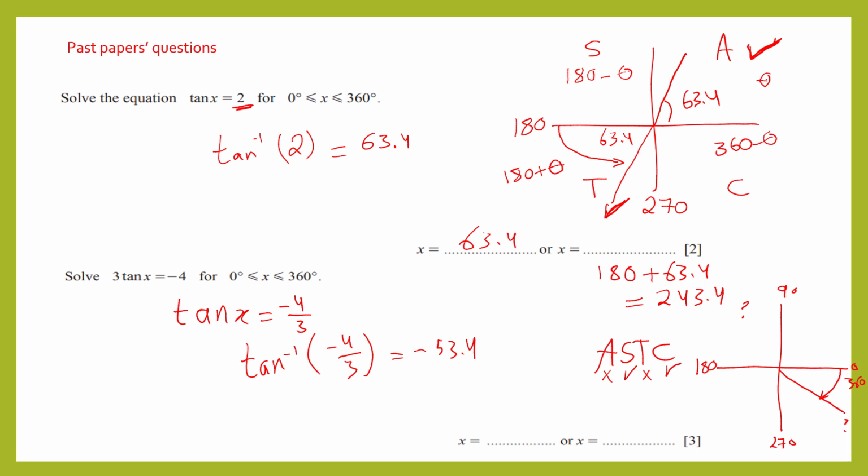So we need to know what's the angle that's remaining in this part from the 0 to here. It will be 306.6.